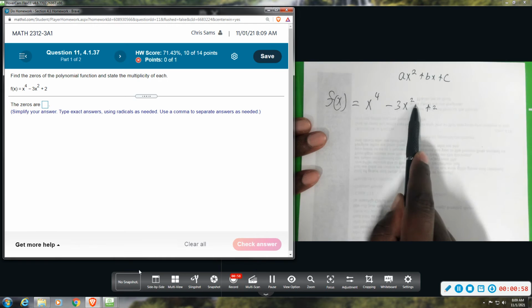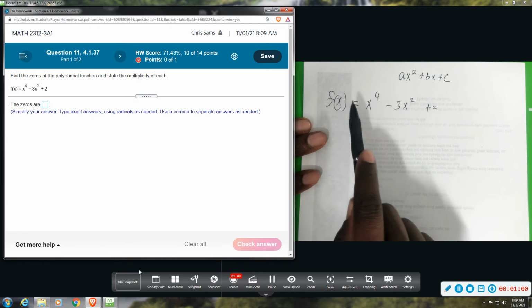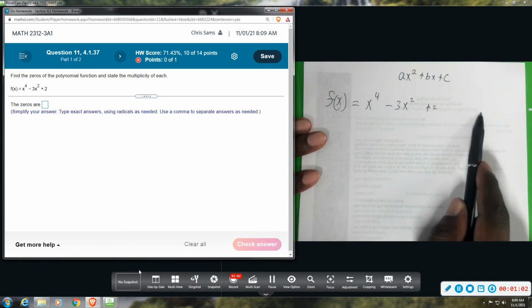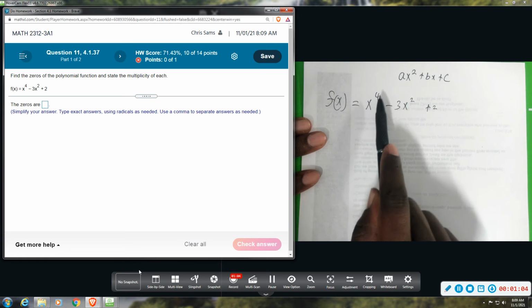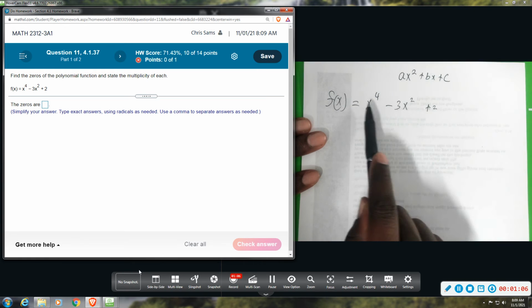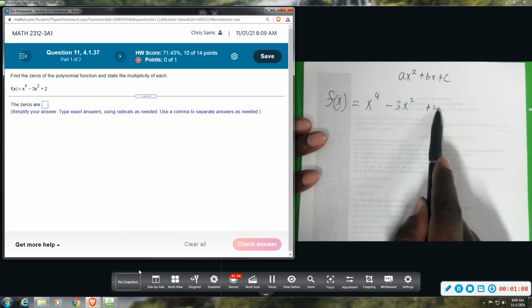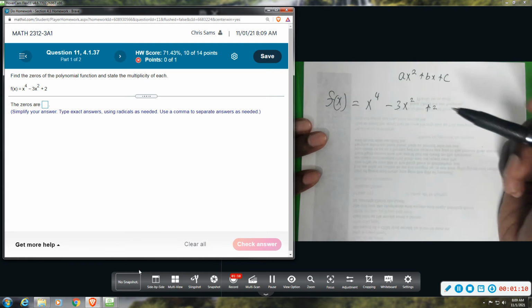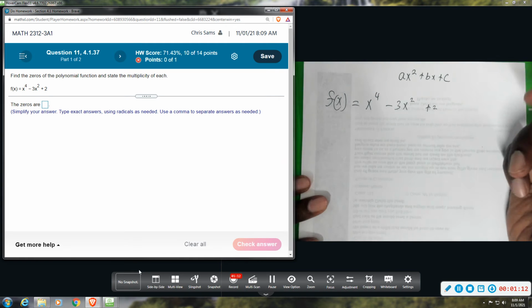So this is 4, this is 2, so this one is double that one, and it will work every time if you have three terms, given that you have a double out front, half in the middle, and then no variable at the end. So we're going to try to factor this just like we would normally.